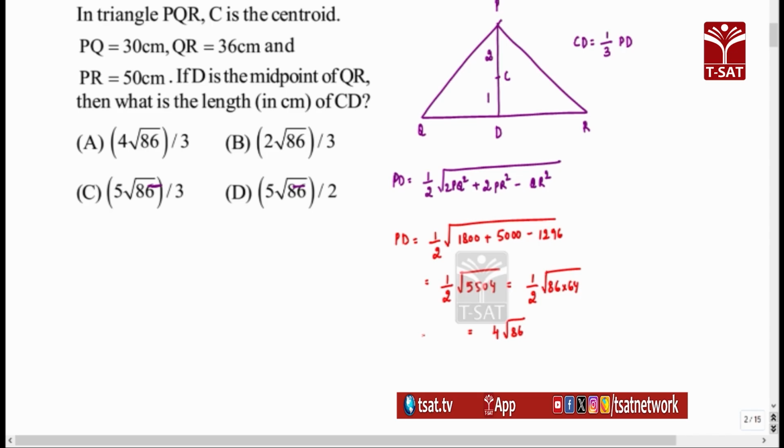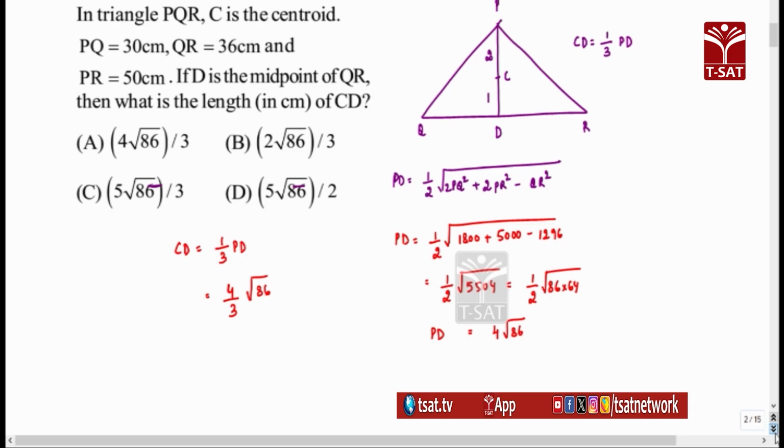This is not CD, this is PD. But we need to find CD. CD is 1/3 of PD, which is equal to 4 by 3 into root of 86. So answer is 4 by 3 root over 86.